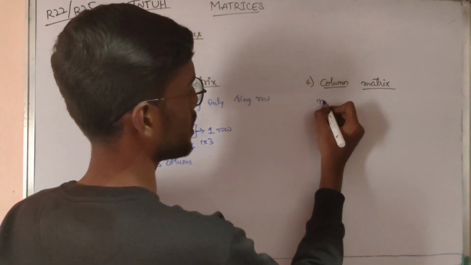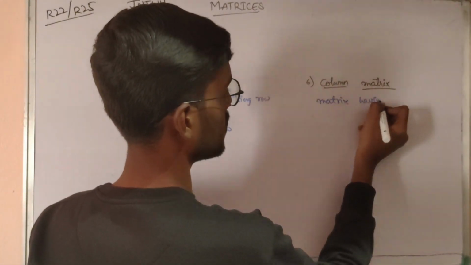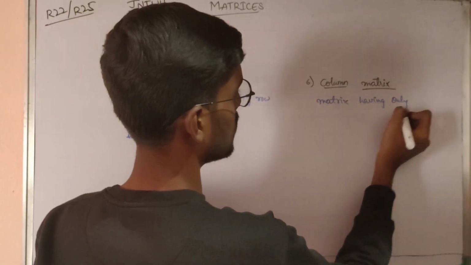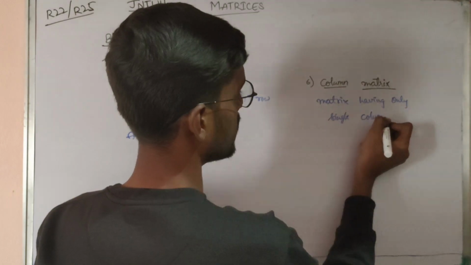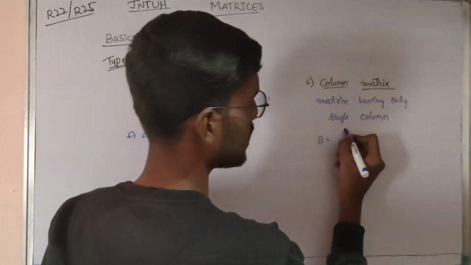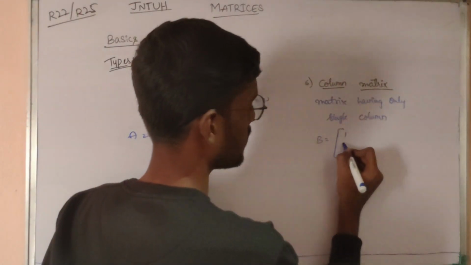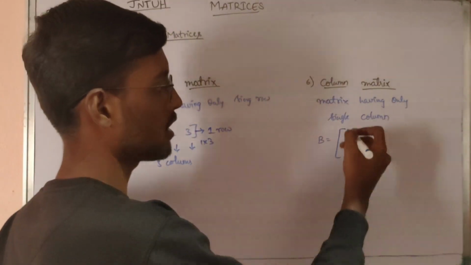A column matrix is a matrix having only a single column. Let us take a matrix B. B has only one column: 1, 2, 3. This is our matrix having only a single column.